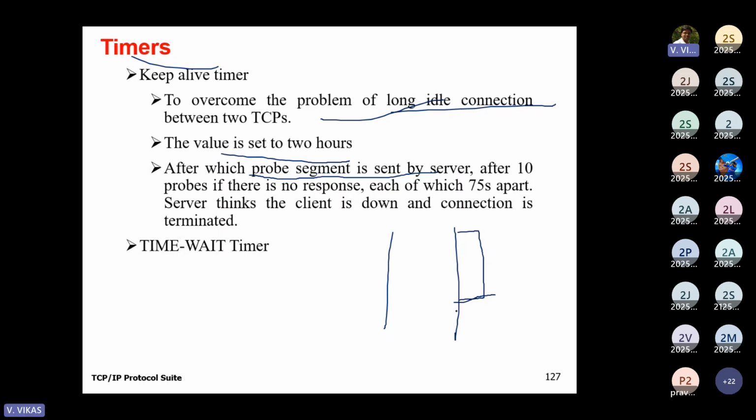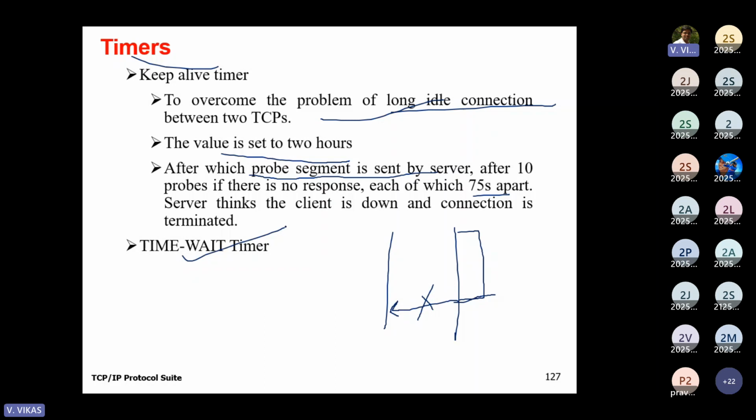After 2 hours, if I am not getting any response, I send a probe message, every 75 seconds. I do this 10 times, so 750 seconds I wait after 2 hours. Even after that, if you are not getting any response, I close the connection.